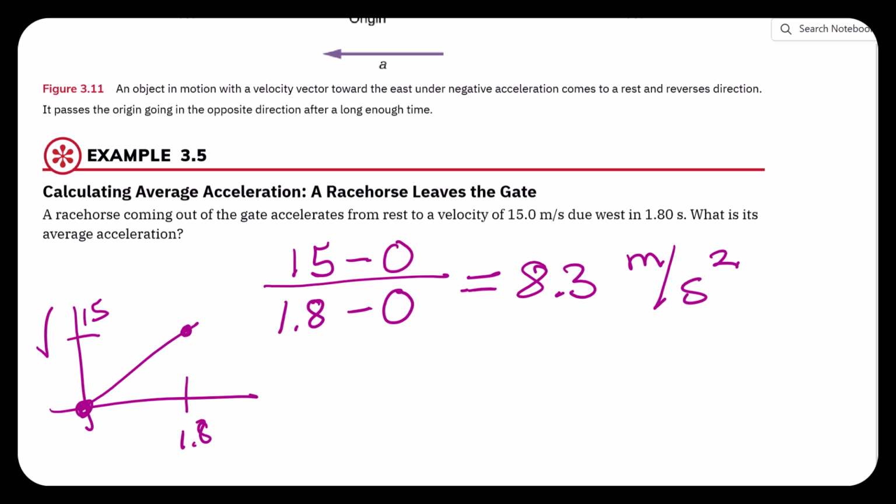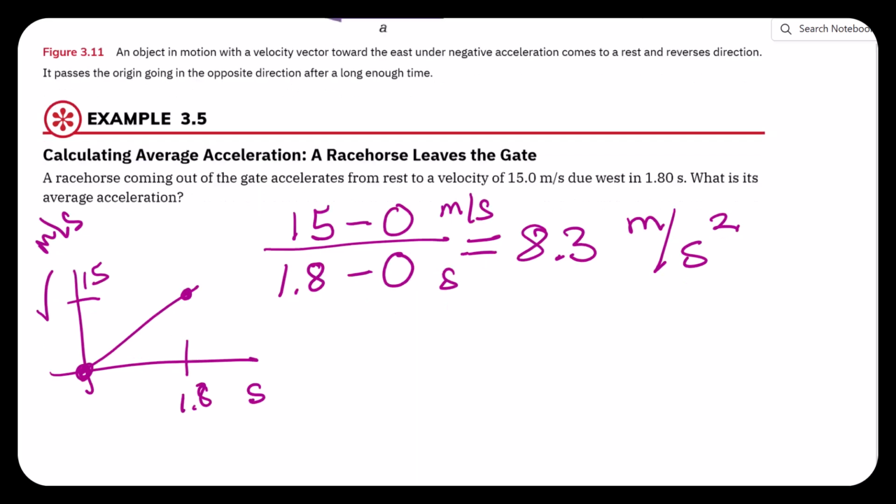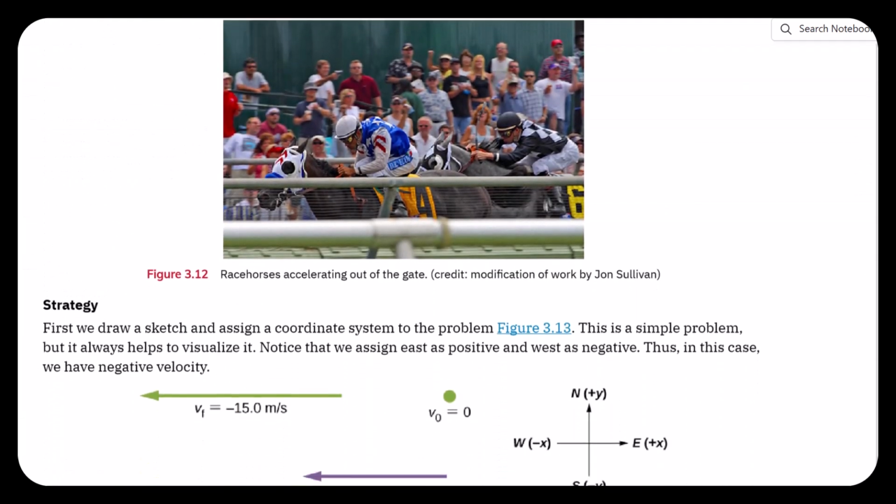That's because velocity is in meters per second and time is in seconds, so we have meters per second divided by seconds, which gives us meters per second squared. There's nothing super magic about this. It's just average acceleration.